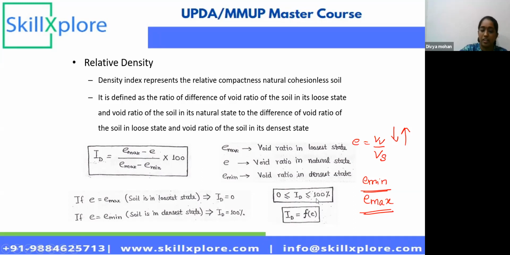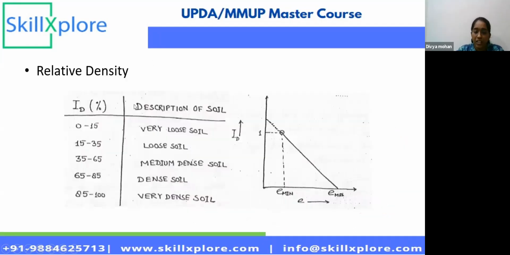So this will give an idea, and the next slide gives the values of how dense the soil is. If ID is from 0 to 15, it is a very loose soil, and 15 to 35, it is a loose soil. And 85 to 100 is very dense soil. In this graph, it is noted that whatever e values are present in the natural condition will be in this range. If e is e minimum, ID will be 1, which is 100%.